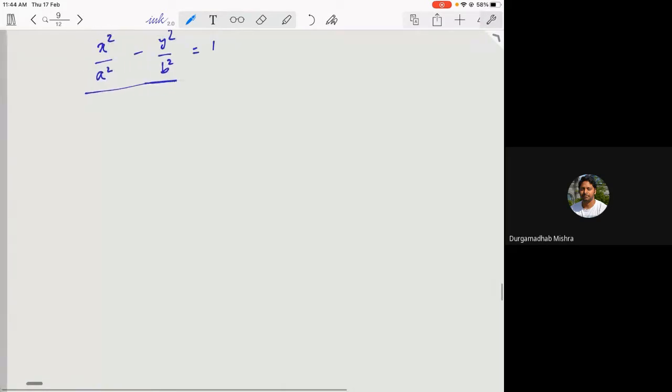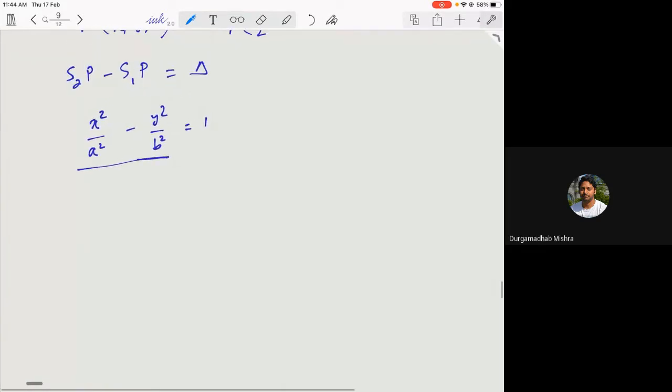And you can also calculate the intensity at each point. At point P, you can also do that calculation.